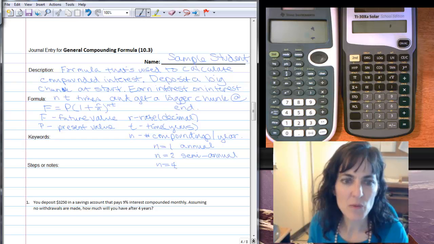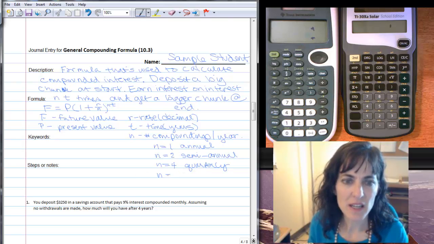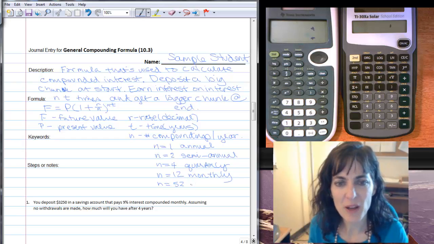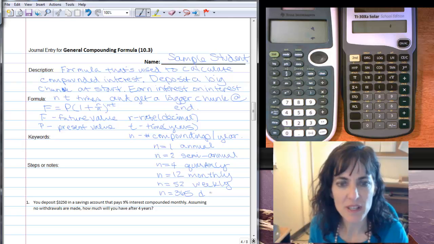N equals 4, that would be quarterly, because there are 4 quarters in a year, and N equals 12 would be monthly. You may see an N equals 52, that would be weekly. And finally, N equals 365, that would be daily.